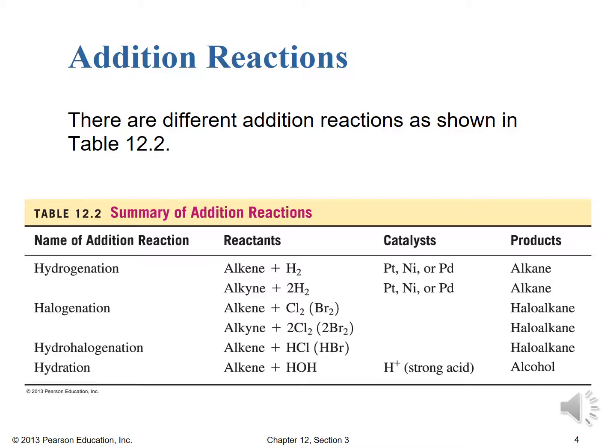Here in table 12.2, we have a summary of different addition reactions that we might encounter. So hydrogenation, we've already talked about, and we even mentioned the partially hydrogenated vegetable oils that used to be much more common in foods before we had to declare those trans fats, which are often a result of partial hydrogenation. So in this case, we can take an alkene.